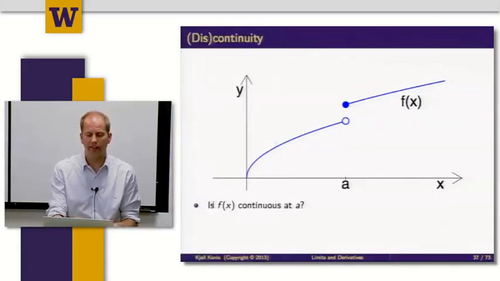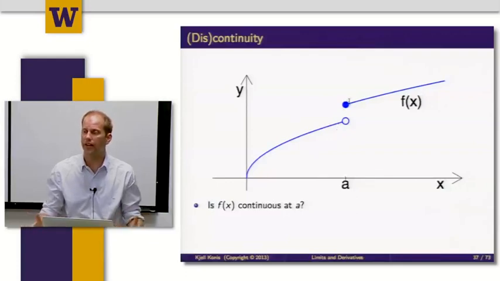So here, is f of x continuous at A? And I would say no, because if I look at the limit as I go towards A over here, sometimes I'm going to be quite a bit less than the function value.